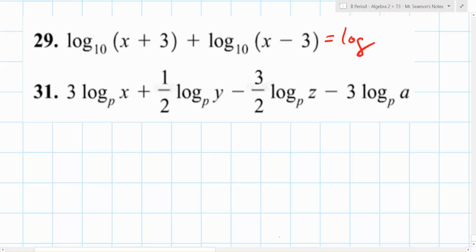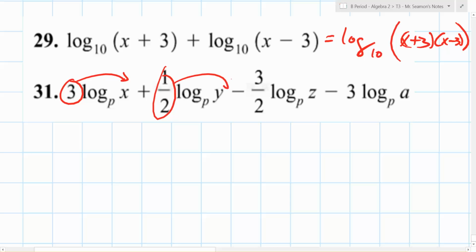Log base 10 of x plus 3, x minus, yes, nice. What do you do with this 3 here? What do you do with the 1/2? So what do you have here? Log base p of x to the 3rd, and this is plus log base p of the square root of y. Why square root? Because 1/2.